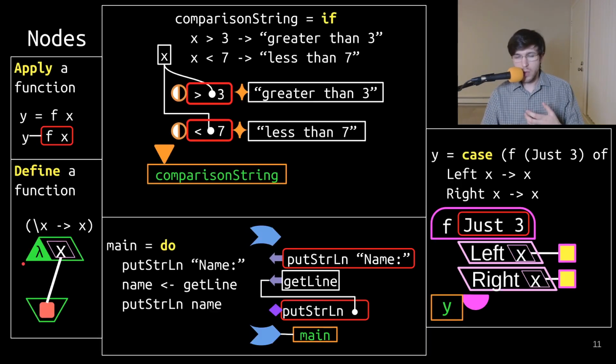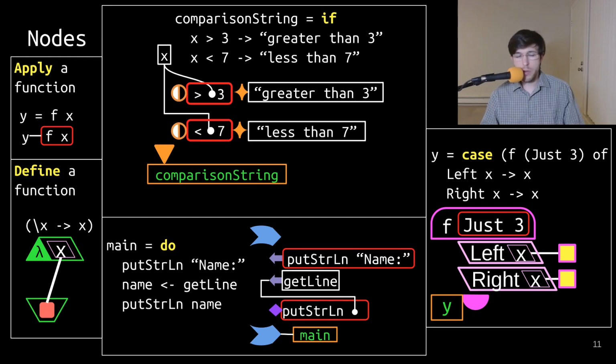And so Glance is a point in between these other representations. So I'm going to give a quick overview of the visual syntax and then follow that up with a more in-depth presentation. So at its core, Glance is a node and wire based representation.